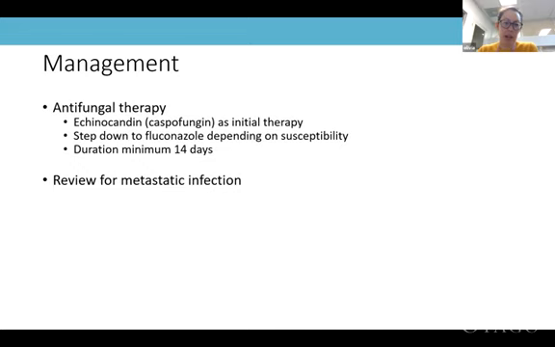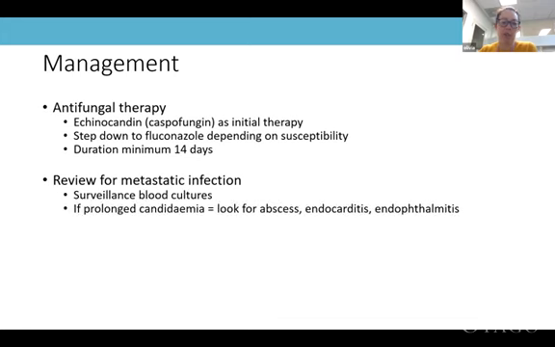The next part of management is reviewing for metastatic infection. When I say metastatic infection, I just mean disseminated infection, more widespread infection from where you originally thought the source might have been. To do that, you're doing a clinical assessment, but you're also doing surveillance blood cultures. You're taking blood cultures each day, even if the person's not febrile, and the reason is just to see if it's still growing or not.